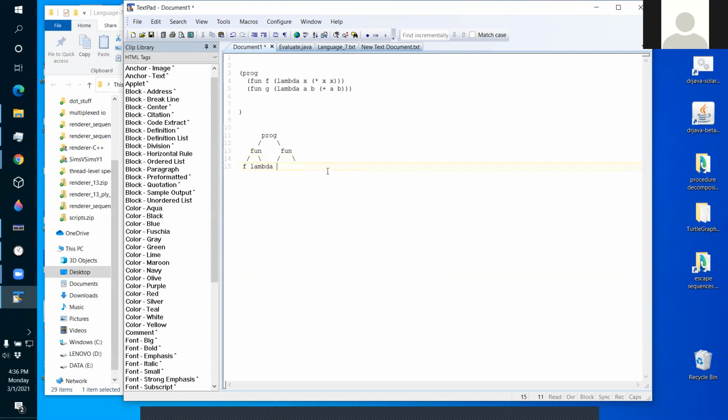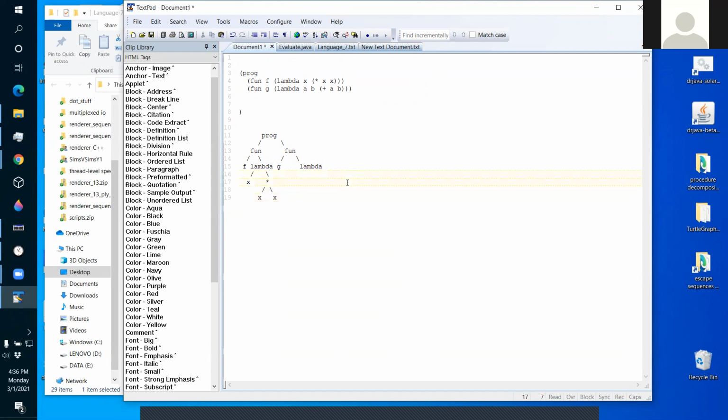And then here's going to be the, see, can I move this over a little bit? Okay, there's the g, and g's got its own lambda. Okay, and then under the lambda is going to be the parameter, and then the body of the lambda. The parameter is x, and the body is a product of x with x.